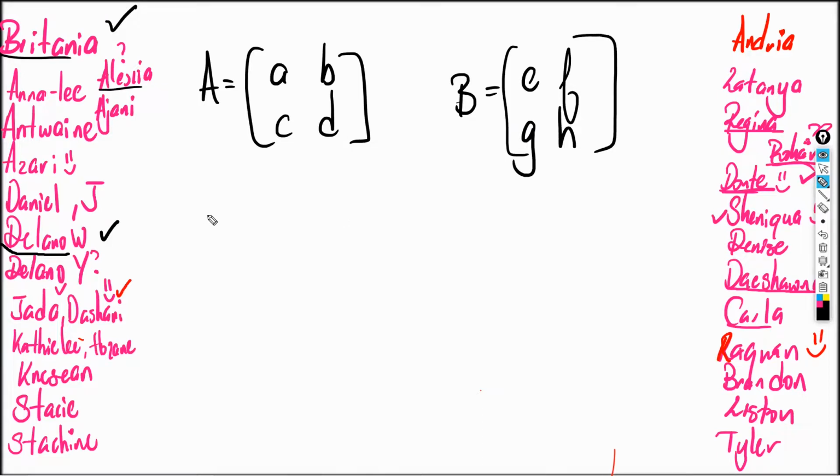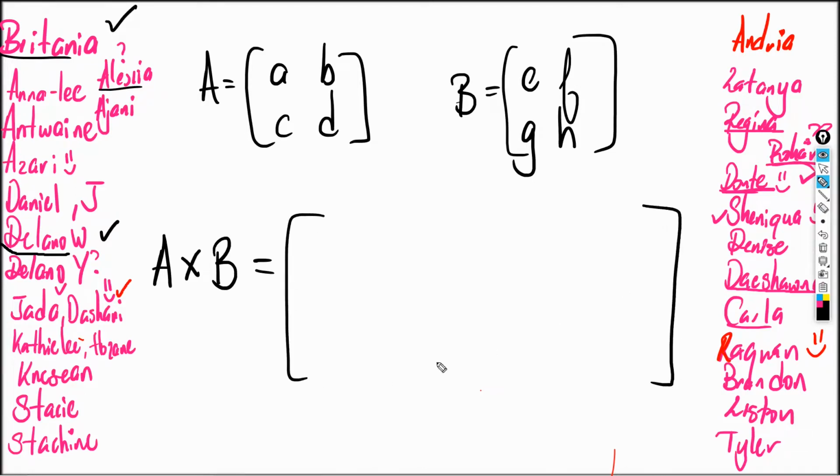It's kind of easy. A multiplied by B, we'll multiply it this way, guys. You do row by column. So the first space, it's first row by the first column.